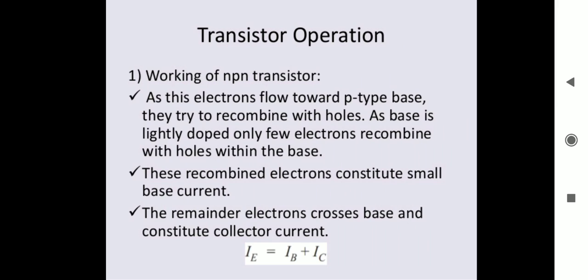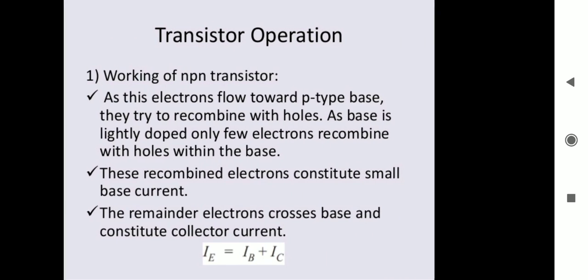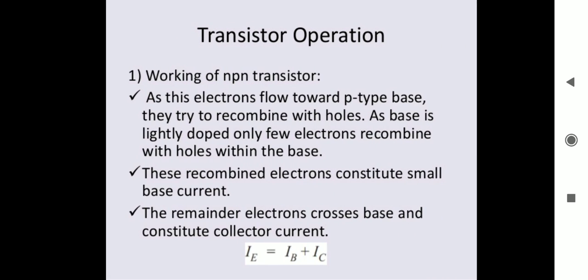But as the base is more lightly doped than the emitter, almost all the current flowing across the base to emitter junction consists of the electrons entering the base from the emitter. Hence, electrons are the majority carriers in the NPN transistor.